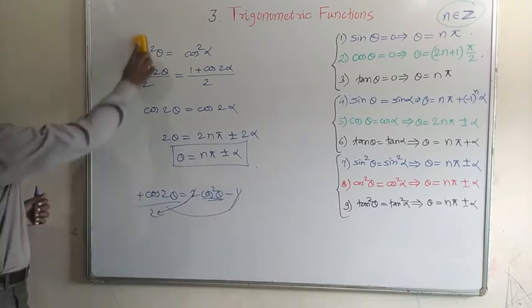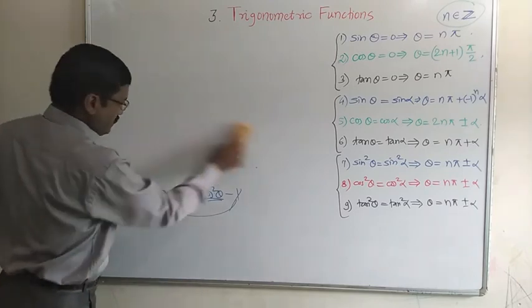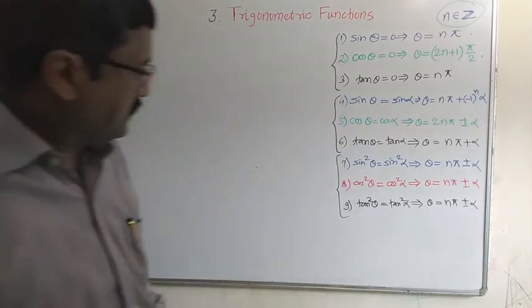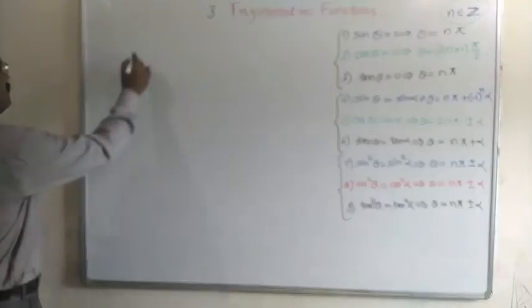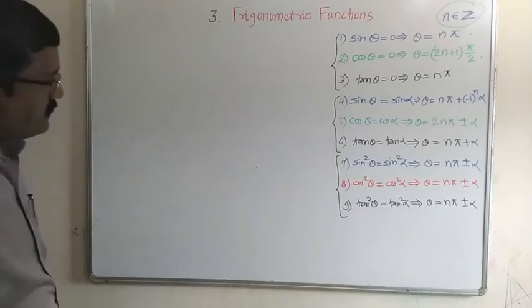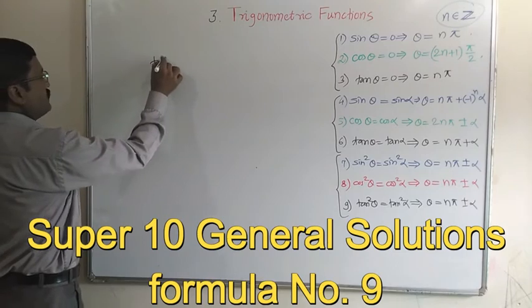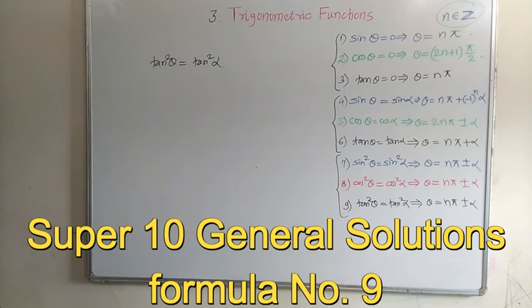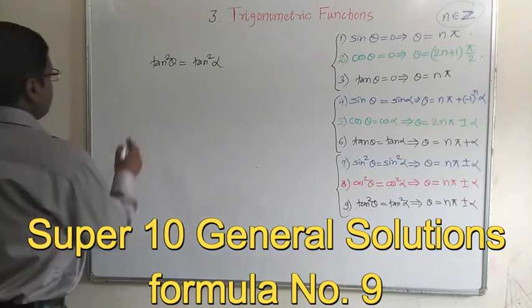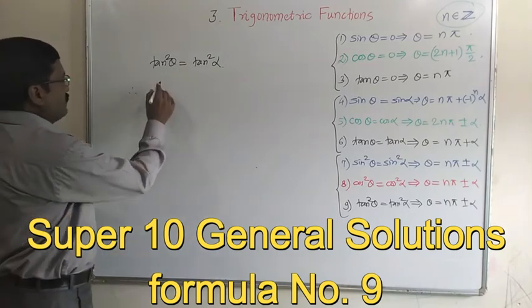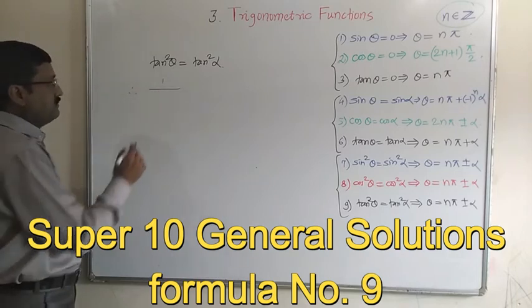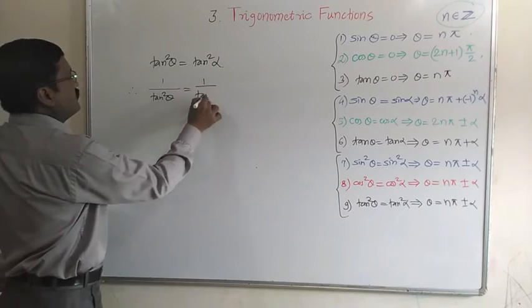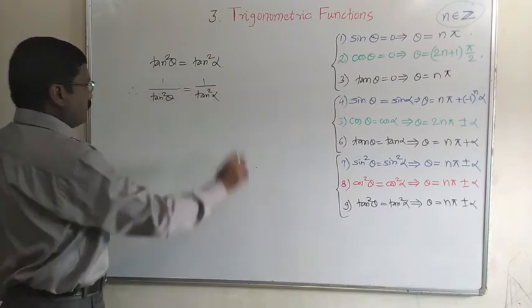Is it okay? Let us move towards the next, that is the result number 9, that is tan square theta equal to tan square alpha. Therefore, for this tan square theta, let us take the property of invertendo, so we get this is equal to 1 upon tan square alpha.